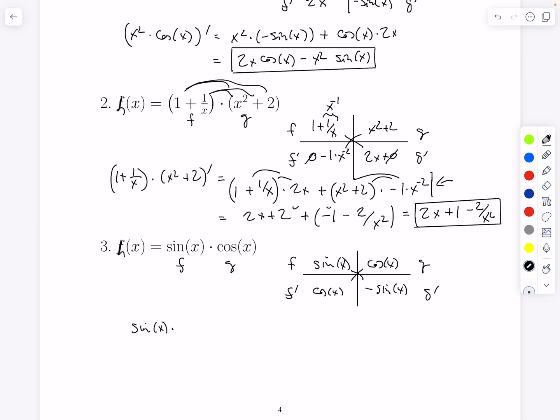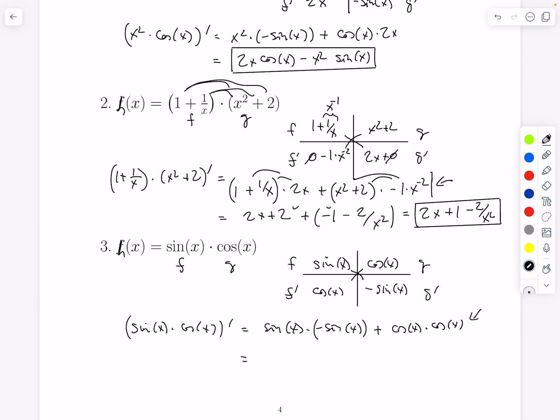Sine x times cosine x prime is sine x times minus sine x plus cosine x times cosine x. And then we make it a little bit nicer.